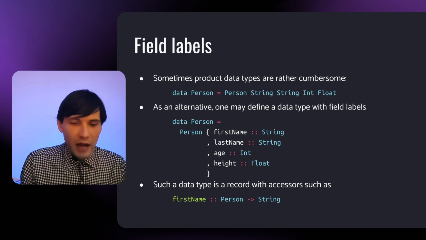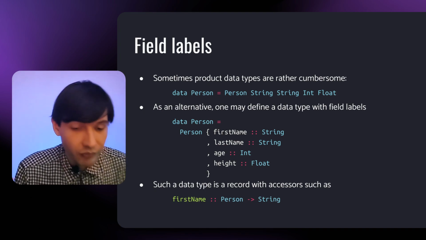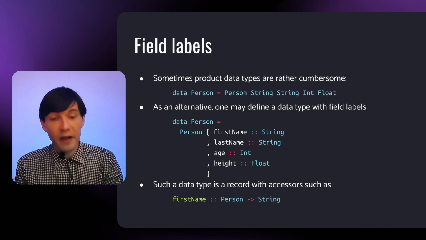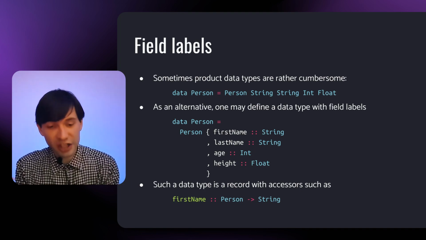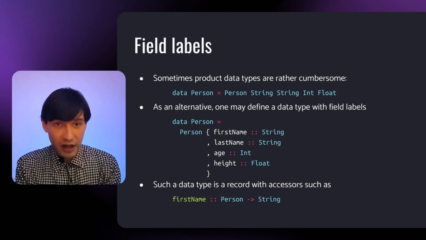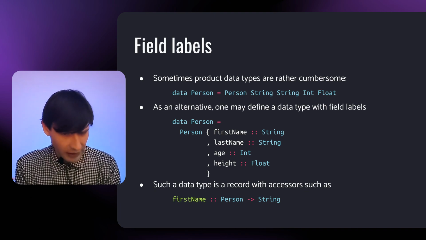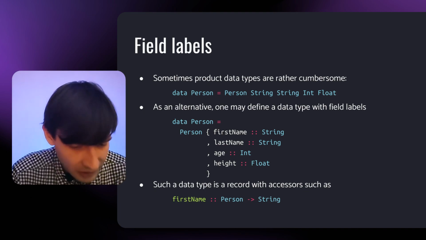And here we have the additional information about all those values. For instance, the first string represents the first name of a person. The second string represents the last name of a person. Age is a field that stores an integer, or to be more precise, an element of int.